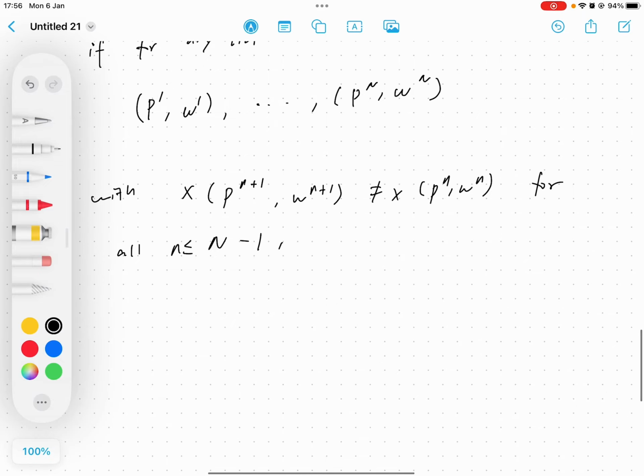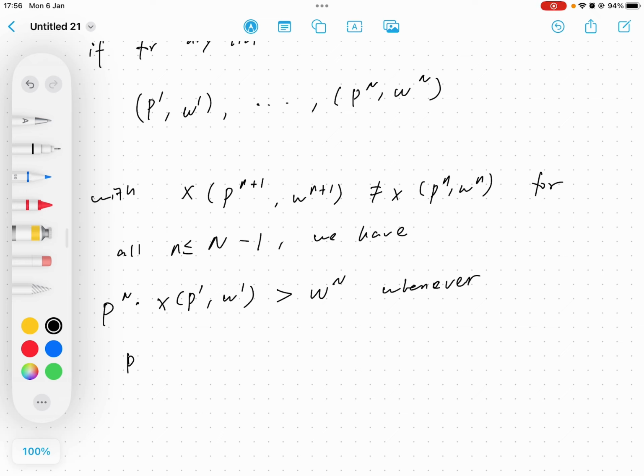And something more important is that we have pN inner product x(p1, w1) greater than wN, whenever we have pn inner product x(pn+1, wn+1) less than or equal to wn, for all little n less than N minus 1.